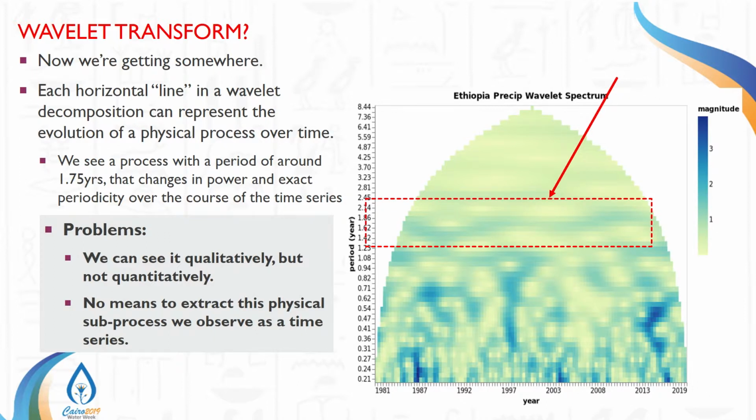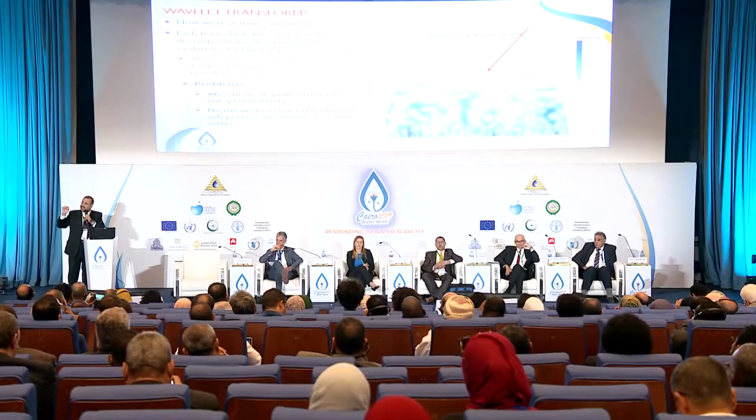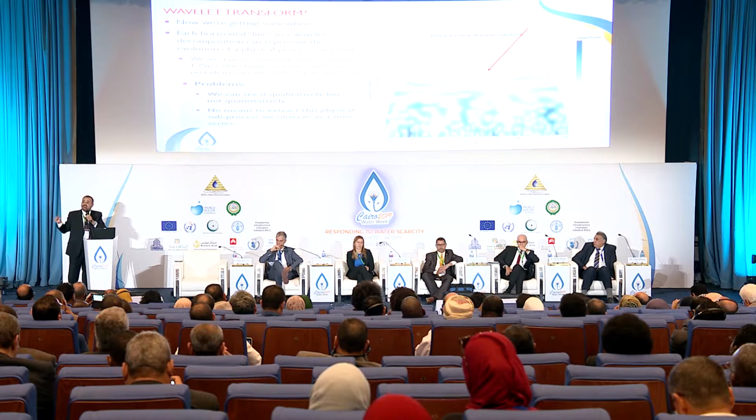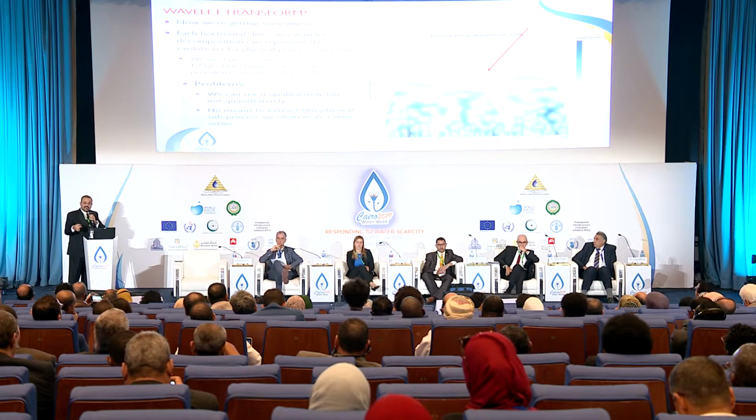So you can say there is a physical process which is evolving over the course of time, and you can see, okay, in year 1980, this is what happened. In 1981, this is what happened. 1982. So now it is localized over time. So you are able to really look into the physical process and see how it affects the whole signal at different time steps. And it's a very nice way of representation.